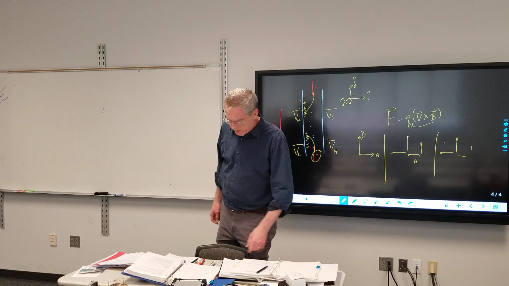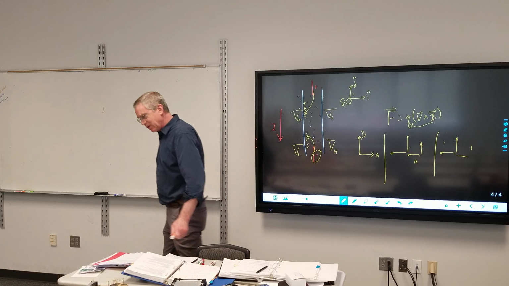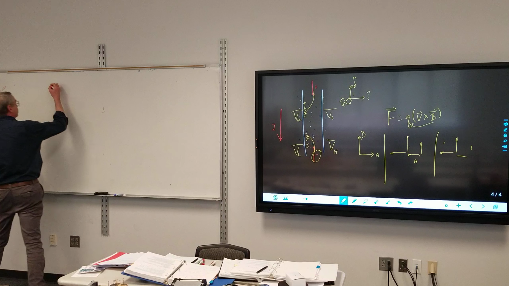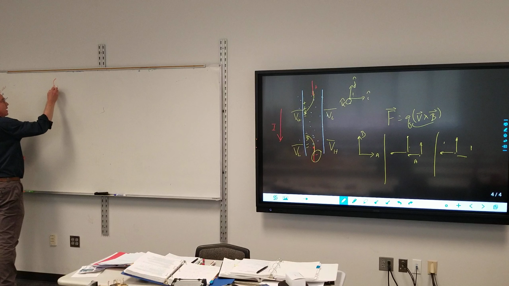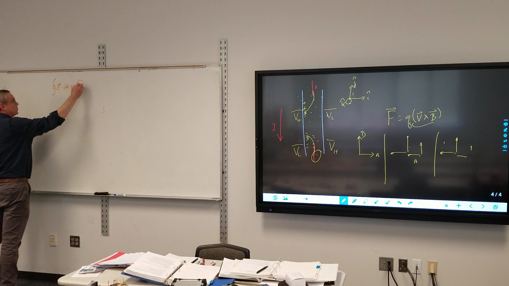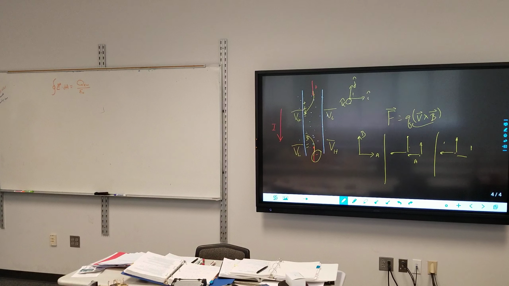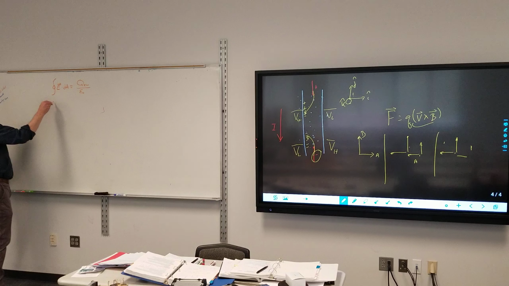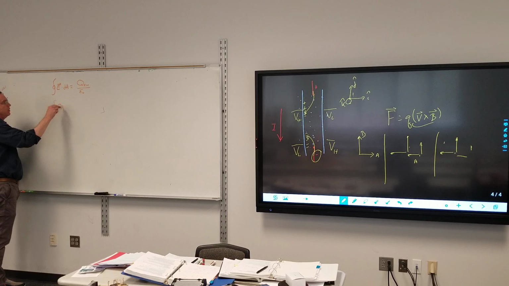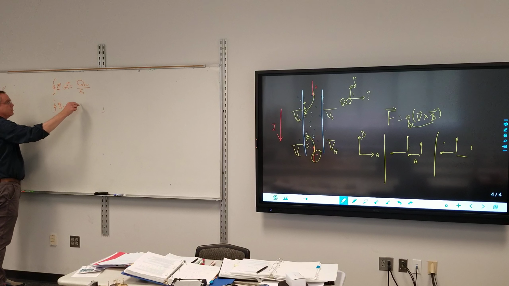I've mentioned Maxwell's equations before. I'll write down the summary of what we have right now. If I have the electric flux through a closed surface, it is equal to the enclosed charge over epsilon sub naught. We'll do the free space version. The magnetic flux through a closed surface is equal to 0.